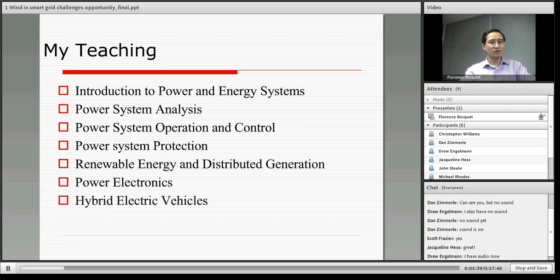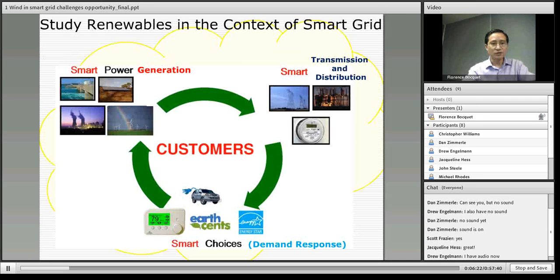I teach, for example, Introduction to Power and Energy Systems, which I'm teaching this quarter, and also renewable energy and distributed generation, which I'm also teaching this quarter. Next quarter I'm going to teach power system analysis. In the spring I teach power system operation and control, and in alternate years I teach power system protection. I also teach power electronics, but on a smaller scale. And previously I also taught hybrid electric vehicles.